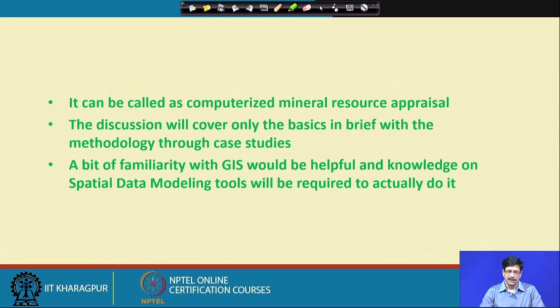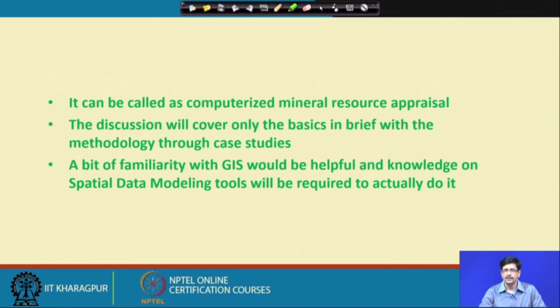Since mineral exploration today is very much dependent on analysis of huge information gathered from all possible sources, geology, geophysics and geochemistry, there is a need for better and better methodologies for synthesis of the data.